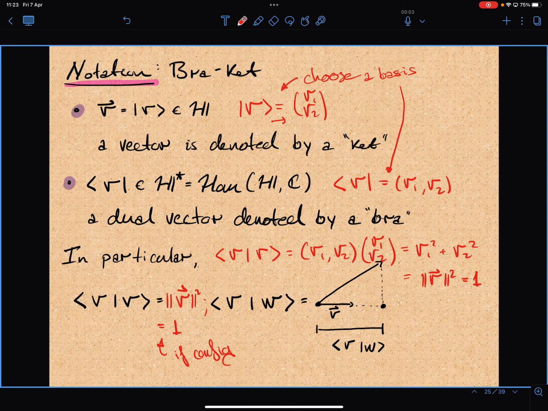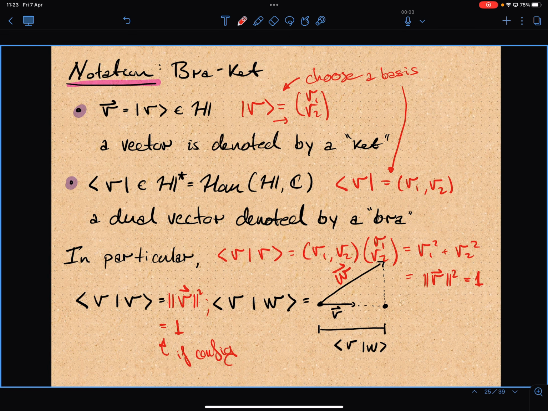And then there's this geometrical interpretation that similarly, if you act this bra with this ket, then this corresponds to the projection of W onto V. And this is, again, the typical interpretation of the dot product. So these are going to be projection operators.